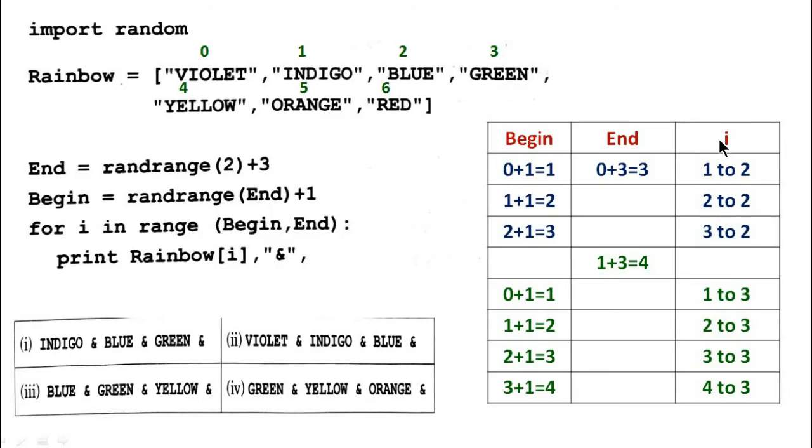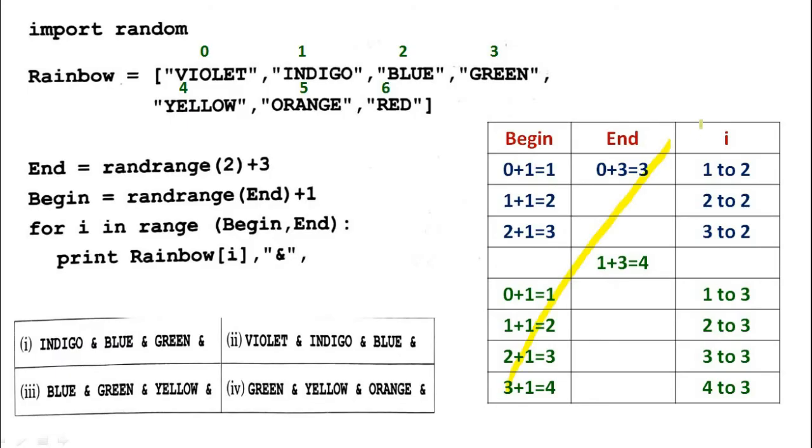So I ranges from 1 to 2. Then when begin equal to 2, 2 to 2. And when begin equal to 3, 3 to 2. Okay. Then when end equal to 4, I takes the values from 1 to 3, then 2 to 3, then 3 to 3 and at last 4 to 3. This much okay?